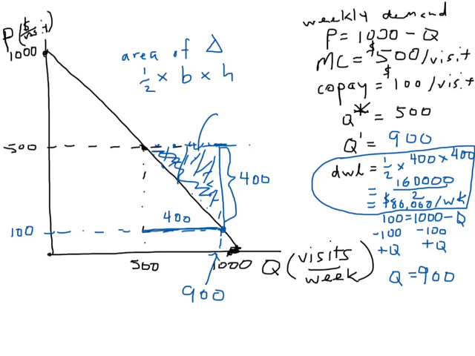Now, the graphical analysis gets a little complicated. I'm not going to hold you responsible for that, but I just wanted to qualify this notion that moral hazard always leads to this ex post deadweight loss in terms of our overusage of healthcare. That's a big part of the issue, but it's not all of the story.